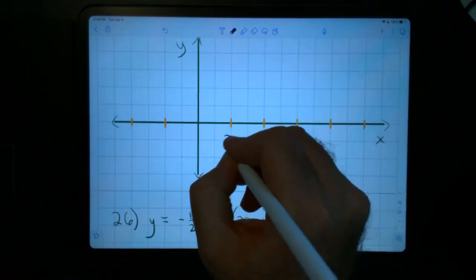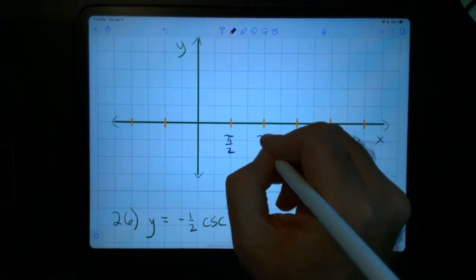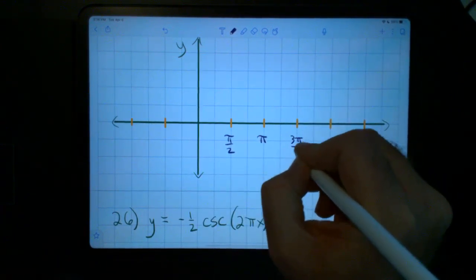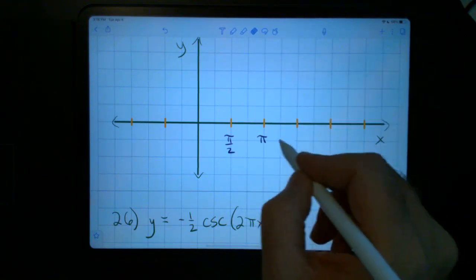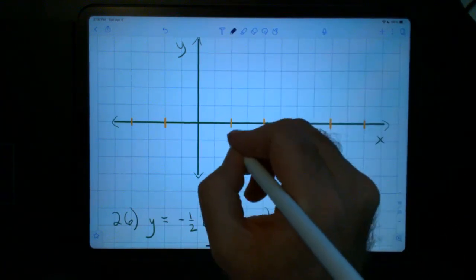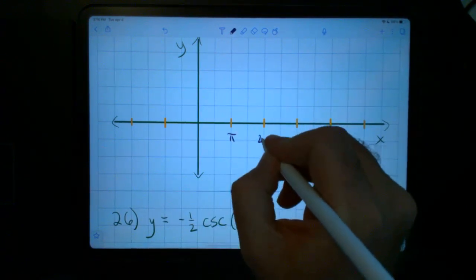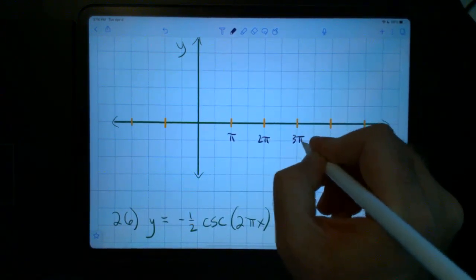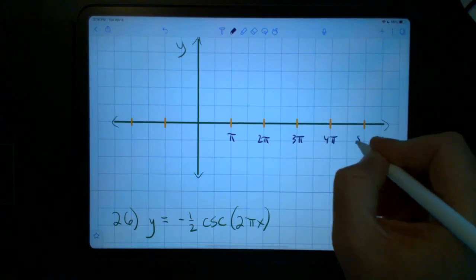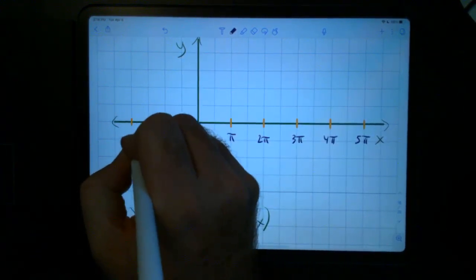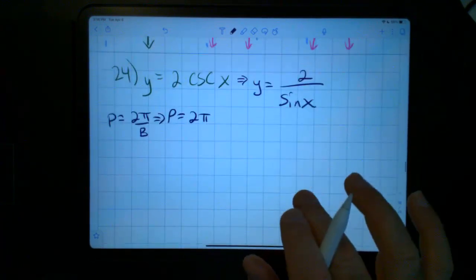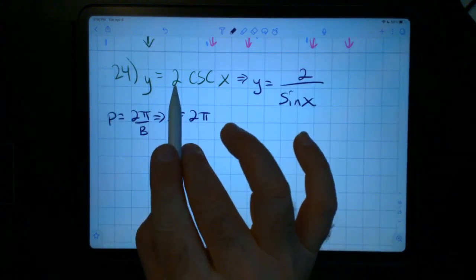So let's make this pi over 2. No, that's... and here our amplitude is 2.